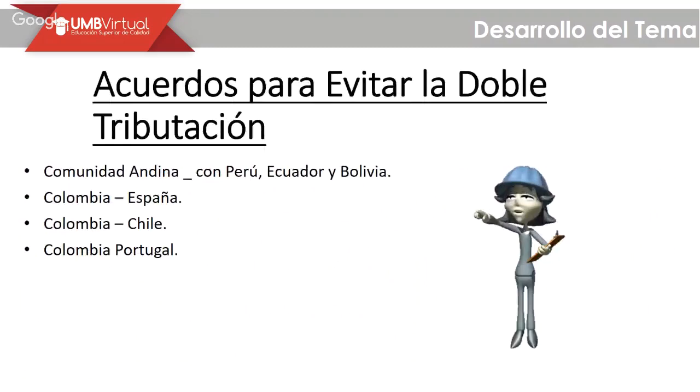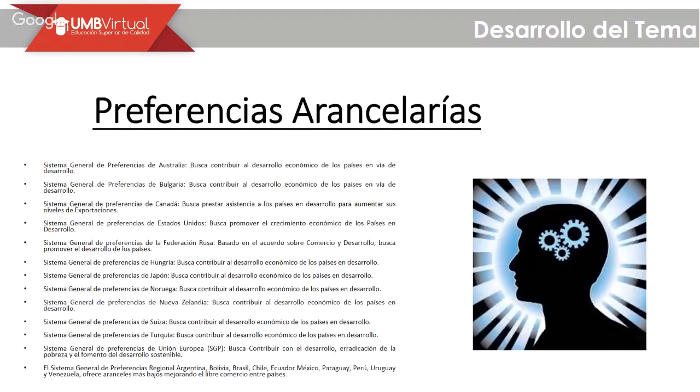Okay, the tariff preferences. Well, I'm not going to describe each one, but as we can see, we have the general system of preference of Australia, of Bulgaria, of Canada, of the United States, of the Russian Federation, with Hungary, with Japan, with the Norwegian system, New Zealand, Switzerland, Turkey, and the European, and Argentina, Bolivia, Brazil, Chile, Ecuador, Mexico, Paraguay, Peru, Uruguay, and Venezuela.